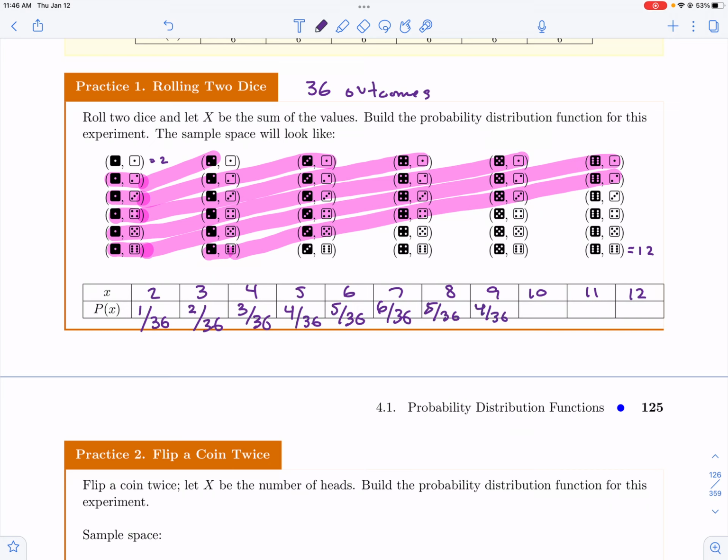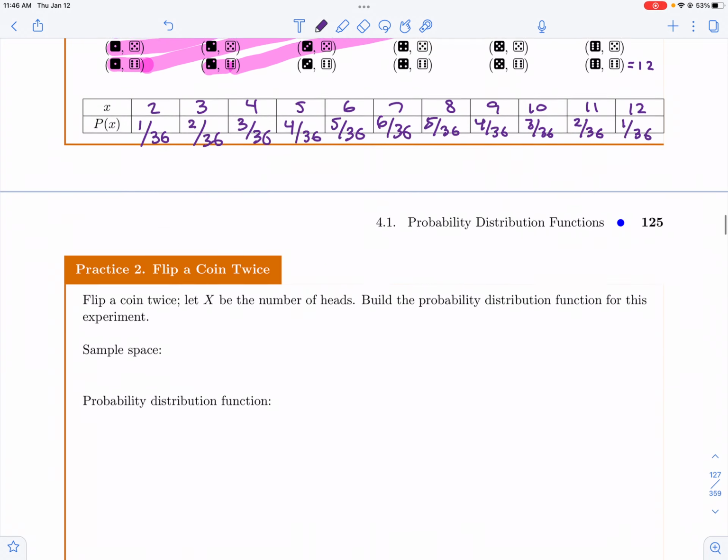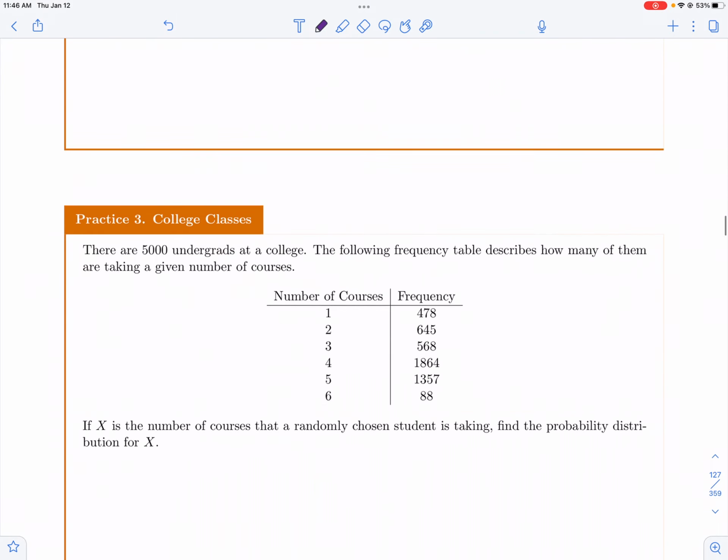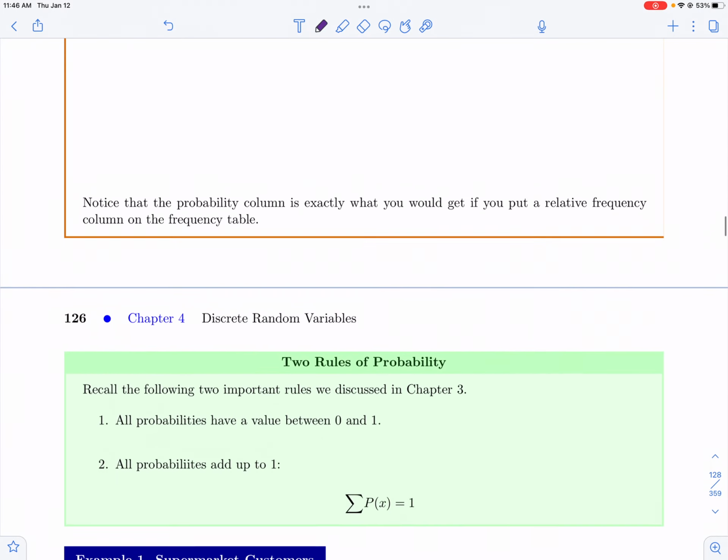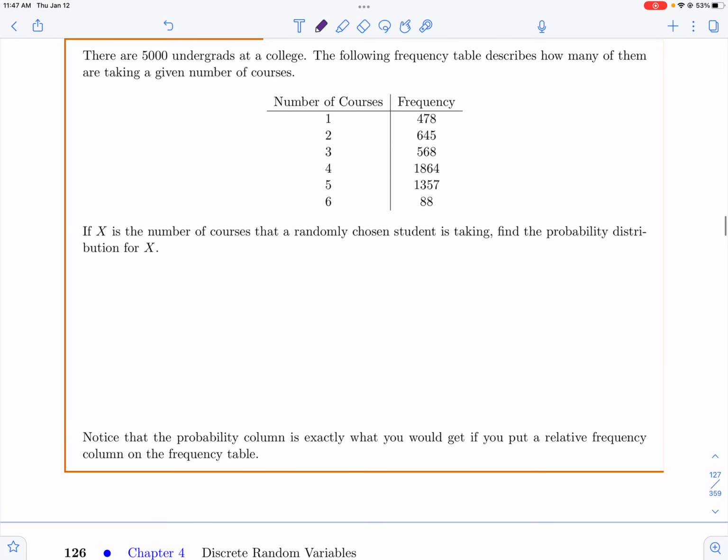So 4 out of 36, 3 out of 36, 2 out of 36, and then finally 1 out of 36. All right, so make sure you understand that. If you have questions, just let me know, and then try practice 2, practice 3, and then we'll come back and see how we can use these probability distribution functions to actually answer some questions. So I'll see you in just a little bit.